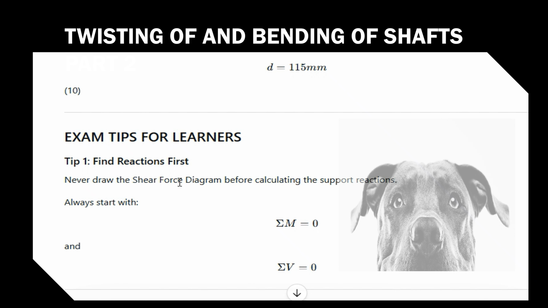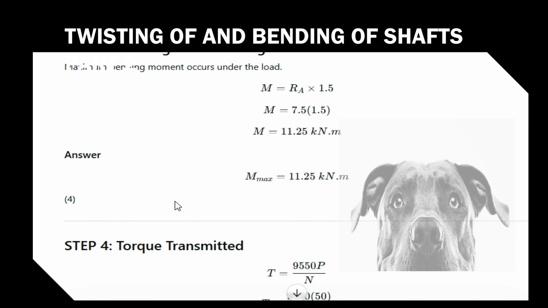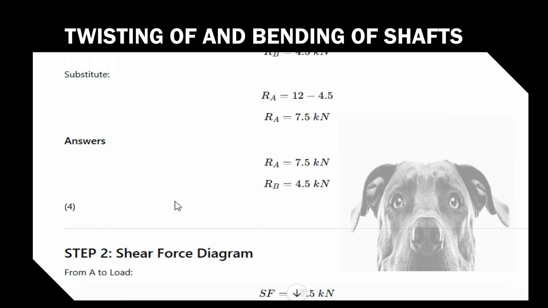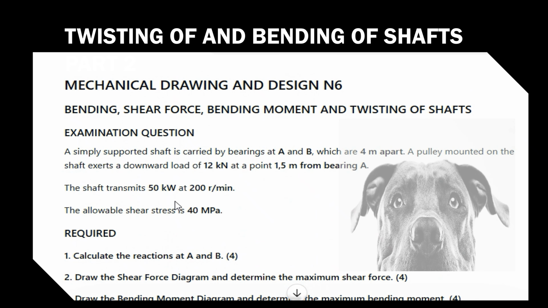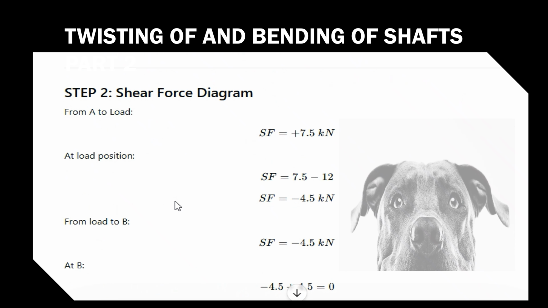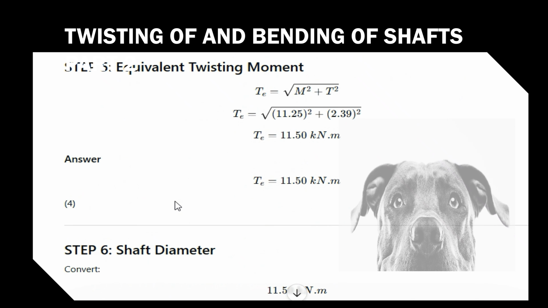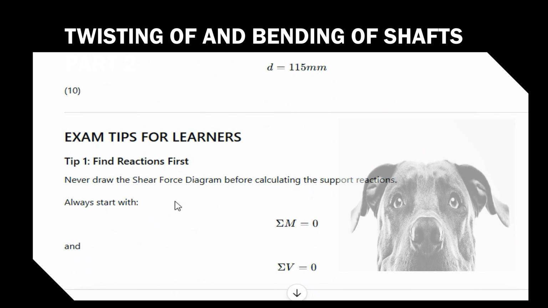Okay, here with me I've got some exam tips for learners, so that you can understand what's going on. Tip number 1, find reactions first. If you find a question like this, where they are requesting you to calculate reactions, bending moment, the shear force, what you have to understand is to calculate reactions first.